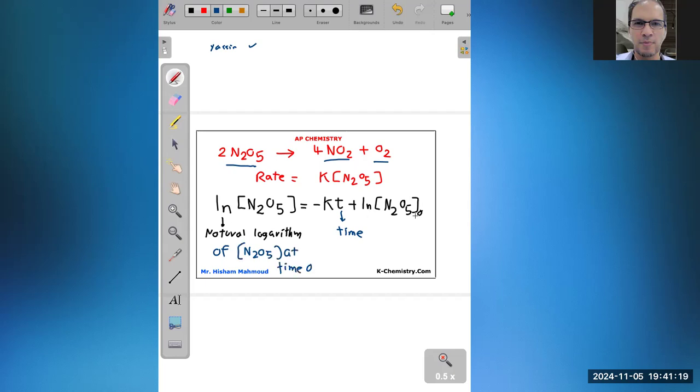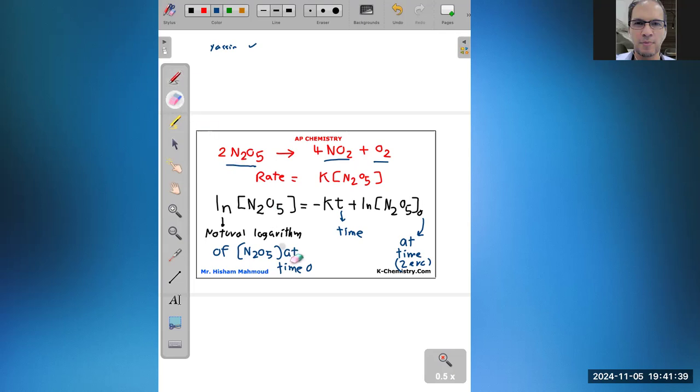Now what about N2O5 0? It means at which time? At time 0. So here I don't have the concentration of N2O5 one time. I have it 2 times. The first time is at time 0, and the second time, the first time is at time t.